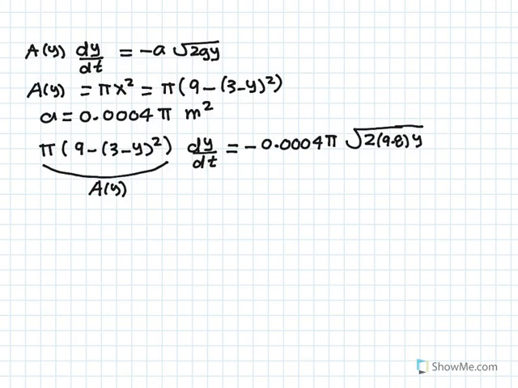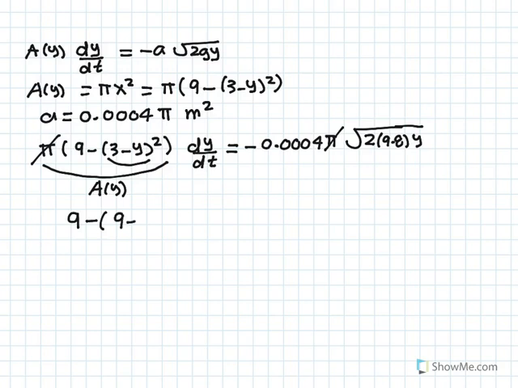All right, so now let's simplify this. The pi cancels out on both sides, so let's get rid of that, and we have 9 minus, let's open up (3 minus y) squared.